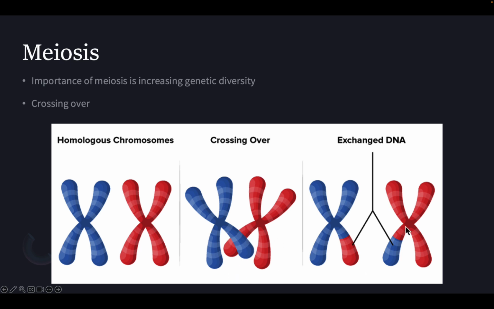And so now you see that part of, let's call this dad's chromosome, has a little bit of mom's chromosome, and part of mom's chromosome has a little bit of dad's. So when these go to form gametes, the gametes will have a mix of the maternal and paternal chromosome from that parent. So that helps to increase diversity so that the whole chromosome isn't inherited together. You can get mixing and matching in order to have that blending of traits.